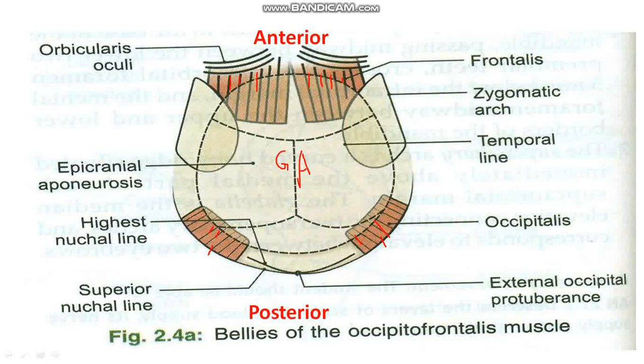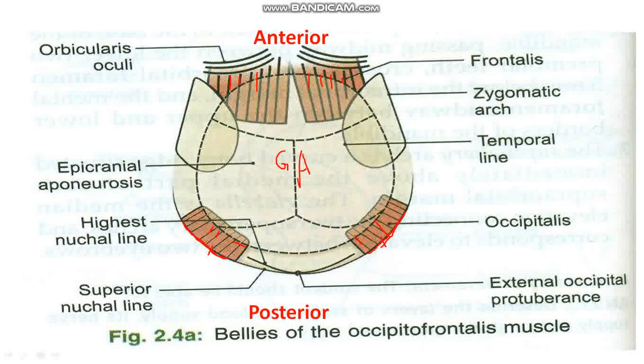This occipitalis is firmly attached over the superior nuchal lines. As the occipitalis are present one on the right side and one on the left side, on either side they are firmly attached over the superior nuchal line, as they come from the lateral two-thirds of the superior nuchal line, and they are distinctly present.